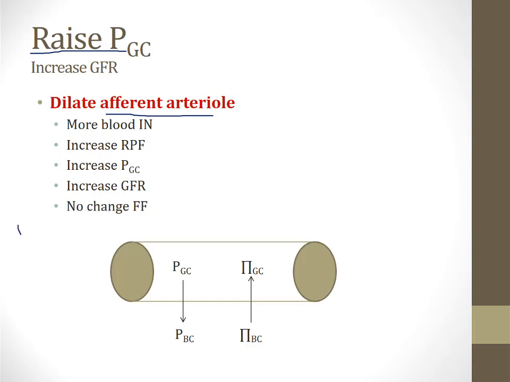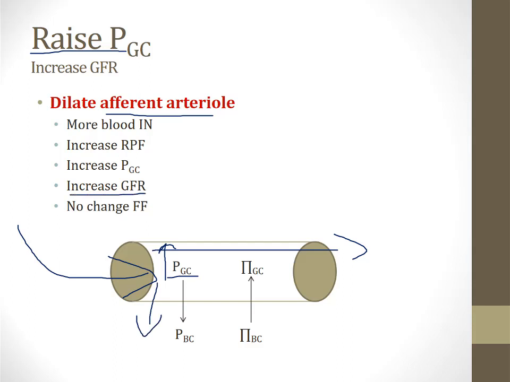That allows more blood to rush into the glomerular capillary, and that will increase the renal plasma flow of blood flowing through this capillary. That will also raise the hydrostatic pressure P_GC. Why would this happen? Well, we're stuffing more molecules into this capillary, therefore we are going to raise the hydrostatic pressure P_GC. And remember, this pressure is a driving force for the glomerular filtration rate. So when we do this, the GFR will increase.